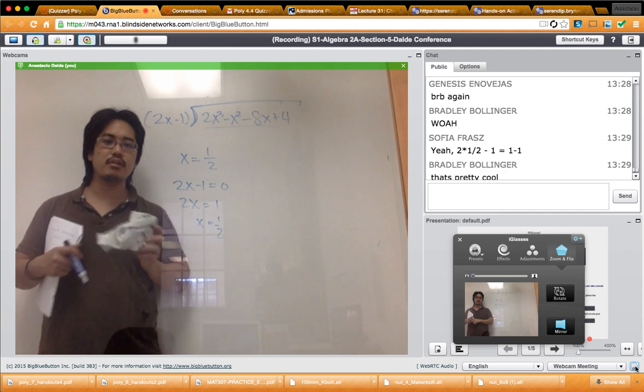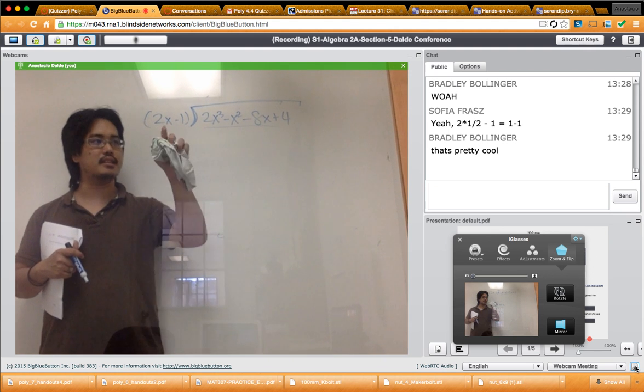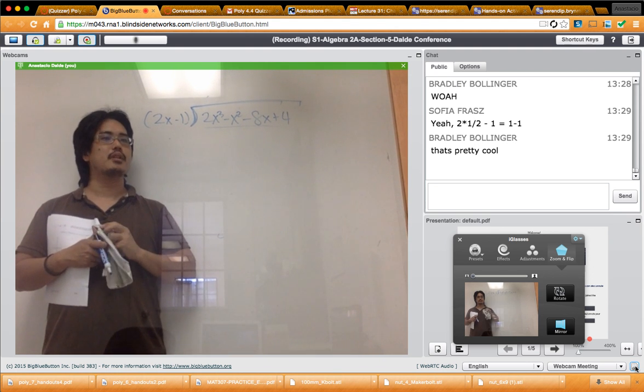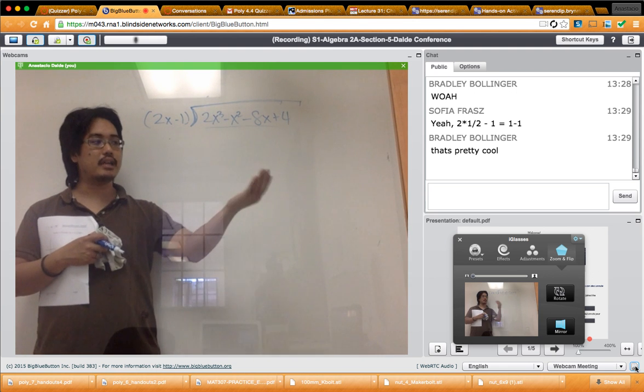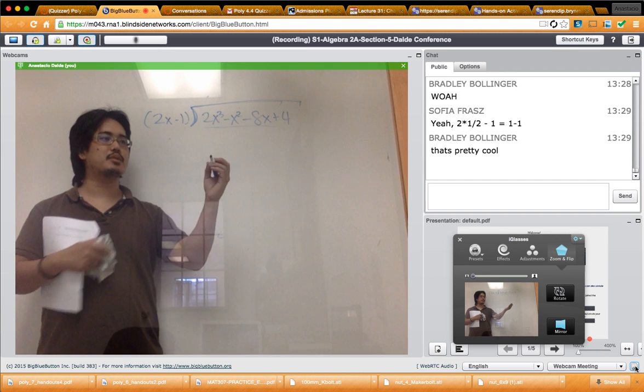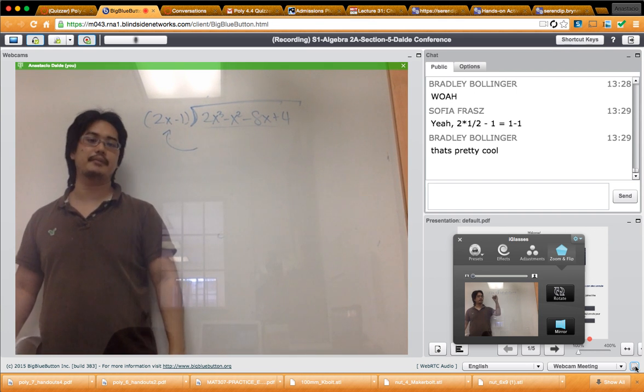So instead of giving it to you like this, I could have just said, one of the x-intercepts is at x equals 1/2. And then from that information, you would have to be able to figure out what you're dividing by.